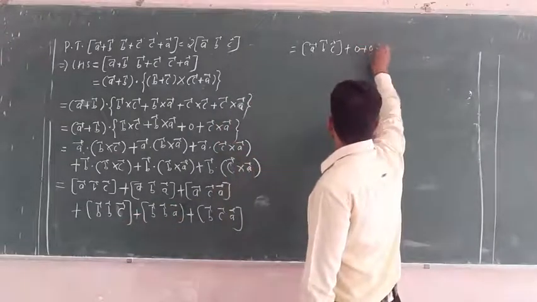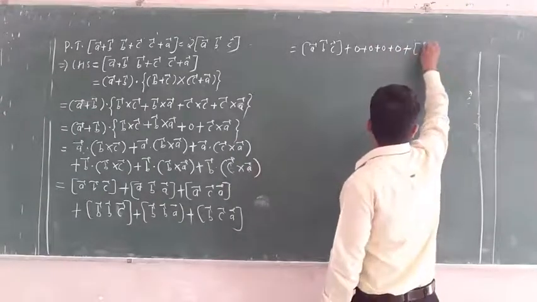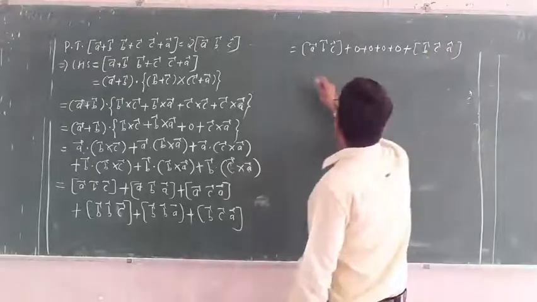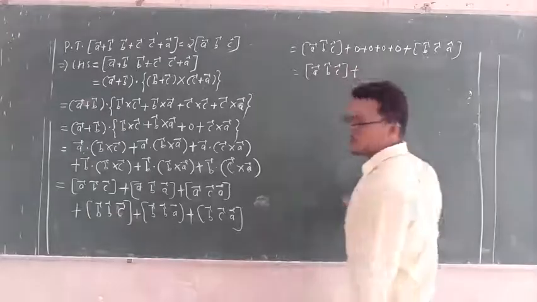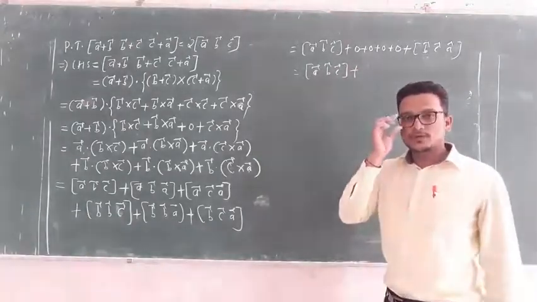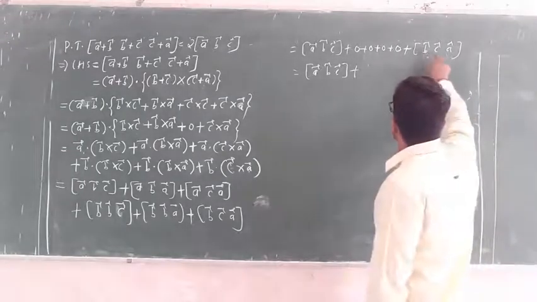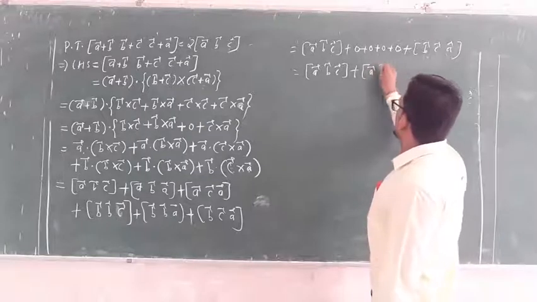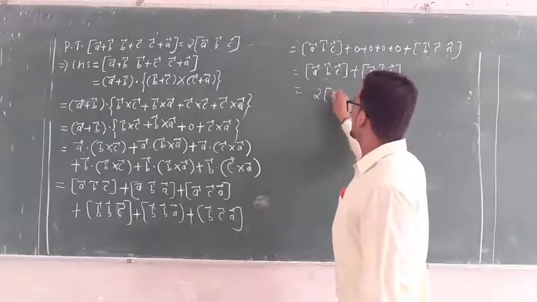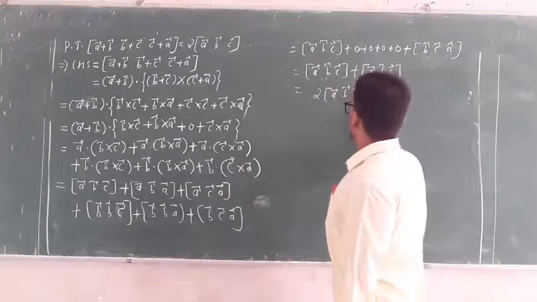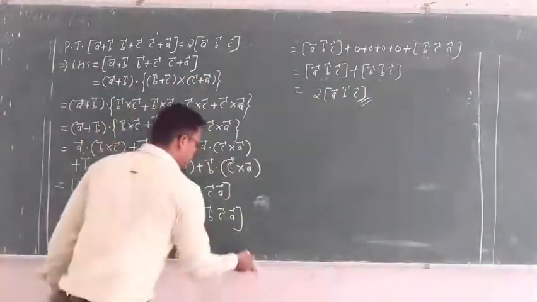So 0 plus 0 plus 0 plus 0 plus the last term B, C, A as it is, which is equal to A, B, C plus, when I was explaining the properties, I explained the cyclic property. By that cyclic property, B, C, A becomes A, B, C. So A, B, C plus A, B, C is 2 times A, B, C. Okay, and that is your RHS.